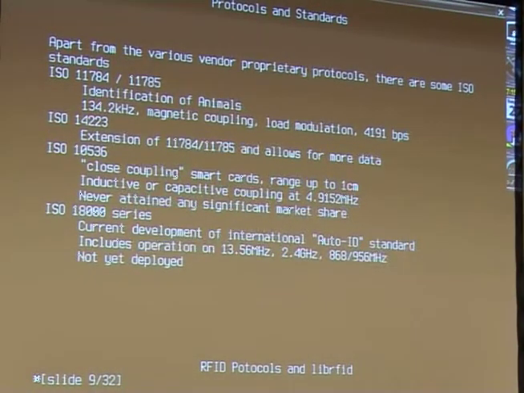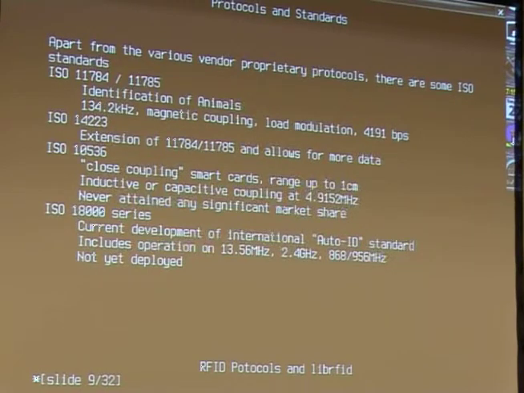That's what is being used here. It's very low bandwidth, 4,000 BPS, but well, how much do you need? It's just some unique number to identify the owner of the dog. There's an extension which allows you to put more data into that. It's called ISO 14223.